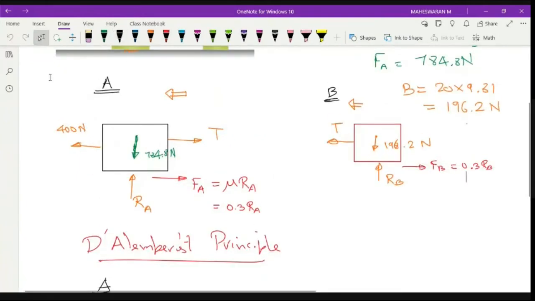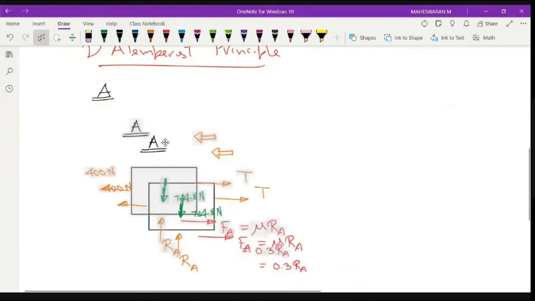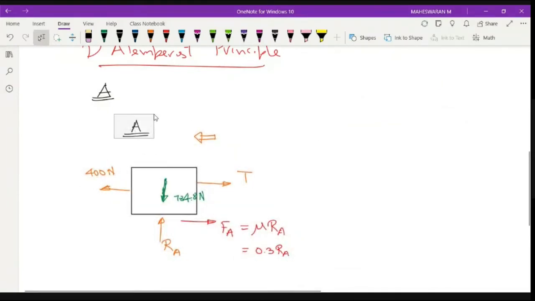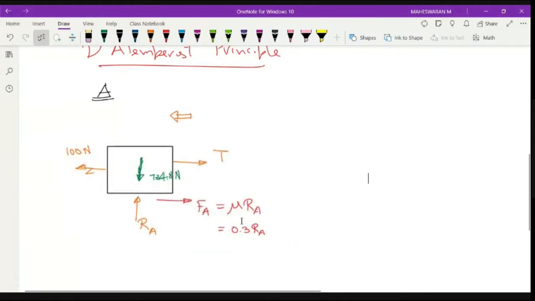So same thing, I'm going to copy it and put it here, right? Now I'm going to include one more force because according to D'Alembert's principle, opposite to the direction of force, you have mass into acceleration, which is m into a, right?